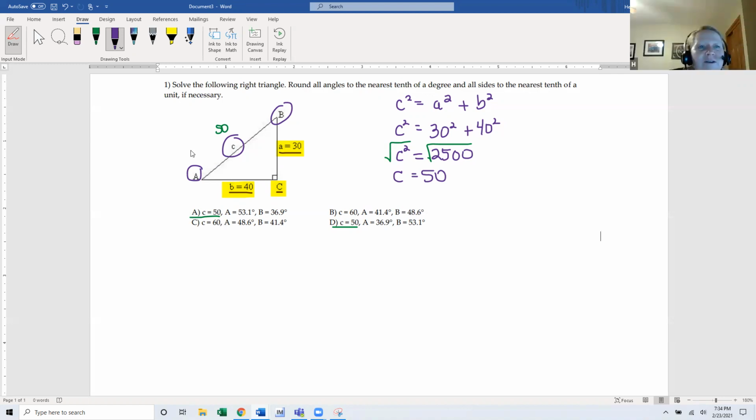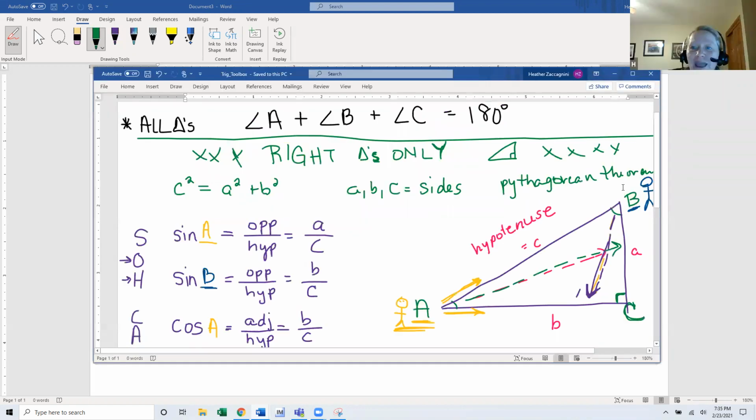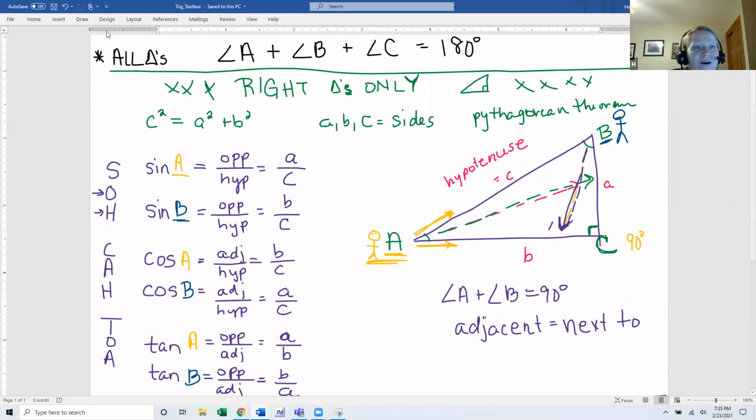Now, the nice thing is because we know all three sides, I'm going to put my little stick figure down here because we're going to look at A. Because we have all three sides, if I go back to my toolbox here, let's just look at this for 1 second. If I know little a, little b, and little c, can you see how I have all these values, so I could use any trig function.